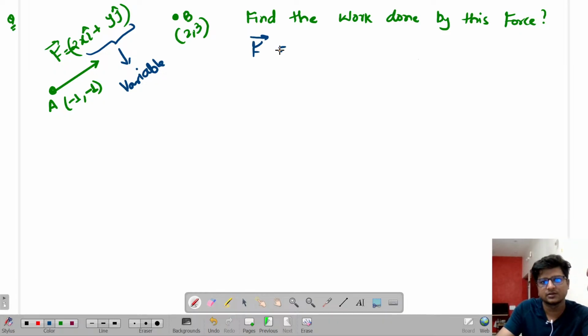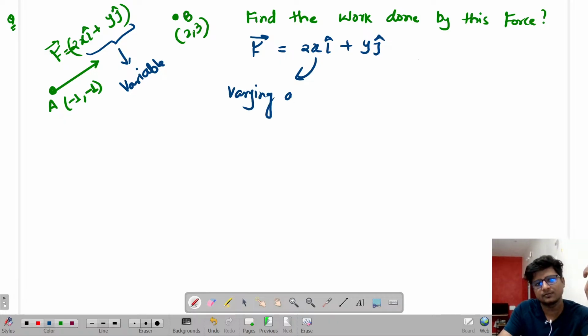Similarly, in the next question, the force is 2xy i cap plus y j cap. This force is varying along the x-axis and also along the y-axis.